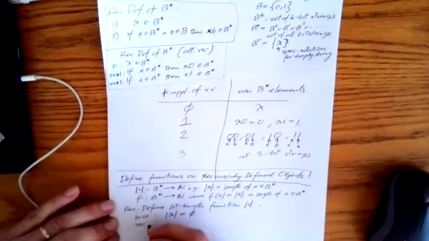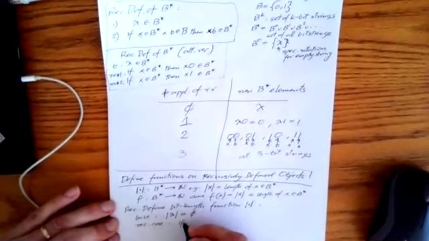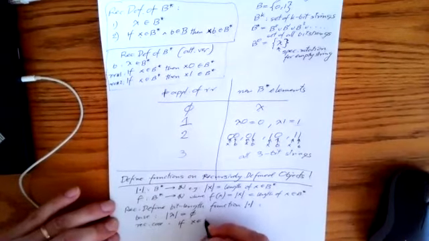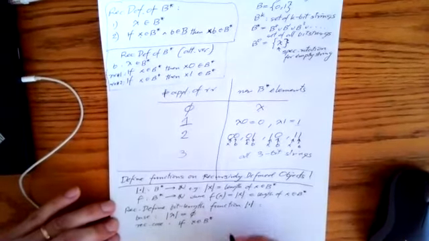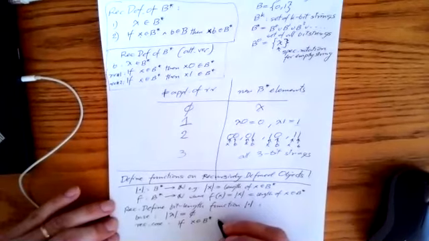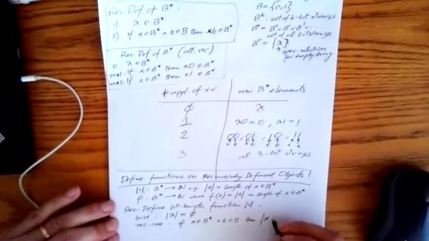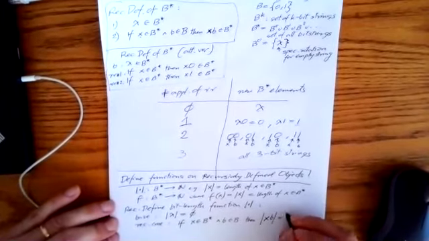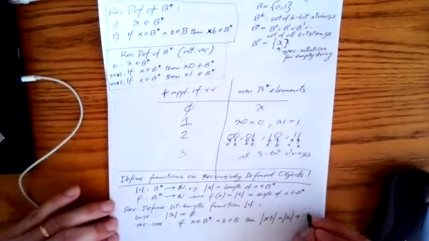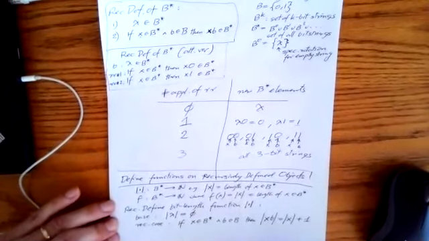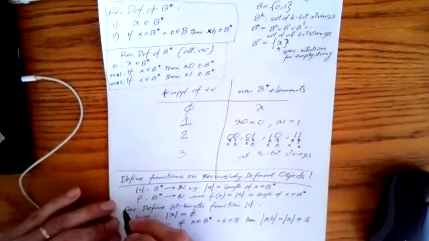Recursive: if I have a bit string and a bit, then the length of the bit string followed by a bit is the length of the bit string plus 1. Okay, and that's it.